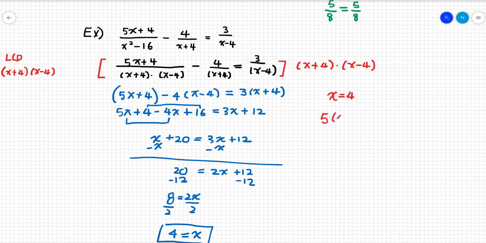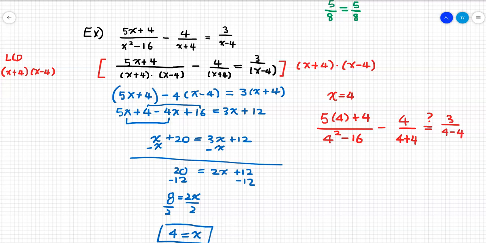5 times 4 plus 4, over 4 squared minus 16, minus 4 over 4 plus 4. Is this equal to 3 over 4 minus 4? But here's the problem though, right?